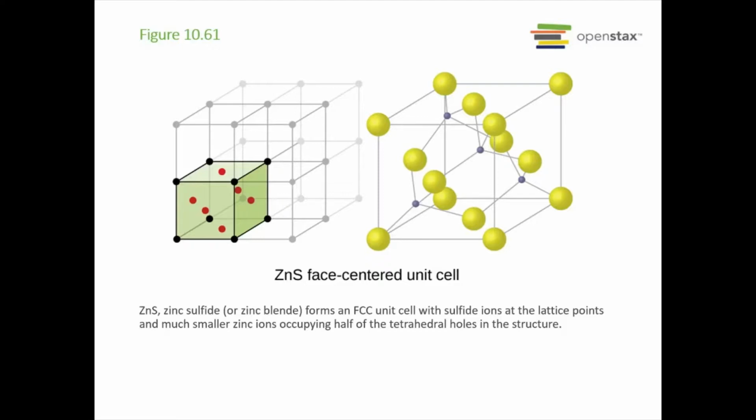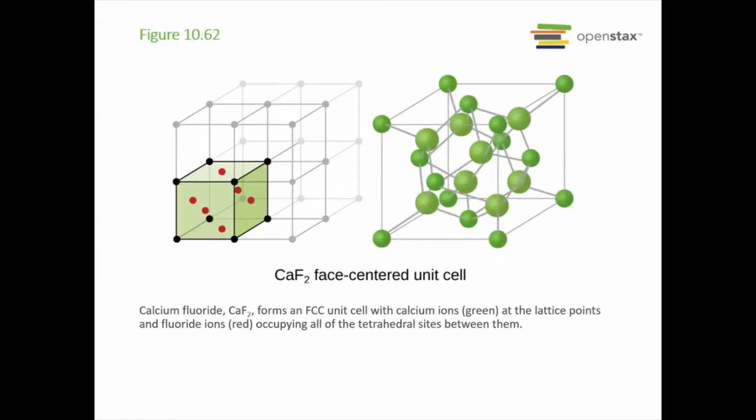It's a cool little structure you can see here. Here's another example, calcium fluoride. This also forms a face-centered unit cell. This is a really cool looking structure. You've got the calcium ions at the lattice points and fluoride ions at the tetrahedral sites.